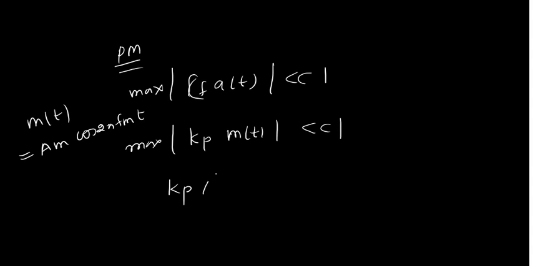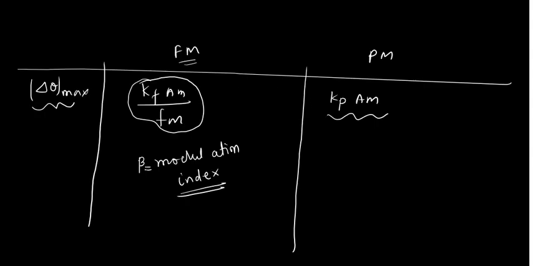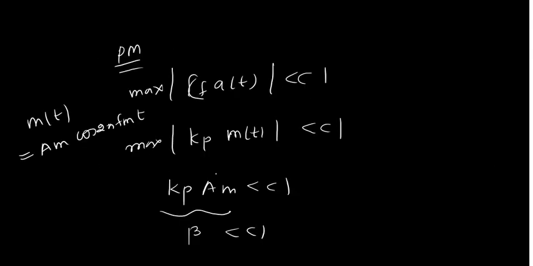So it is Kp Am, and this is nothing but the modulation index, if you remember. This was the modulation index for PM. So this modulation index actually unifies both FM and PM. That for the case of a tone signal, if your modulation index is less than or equal to 1, then we call it a narrowband FM.